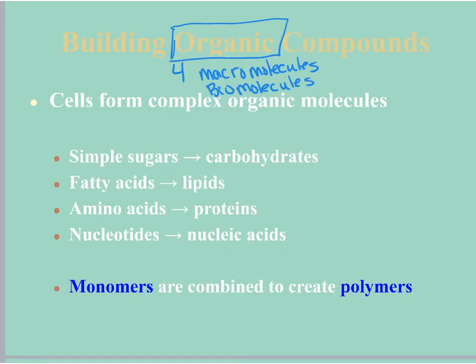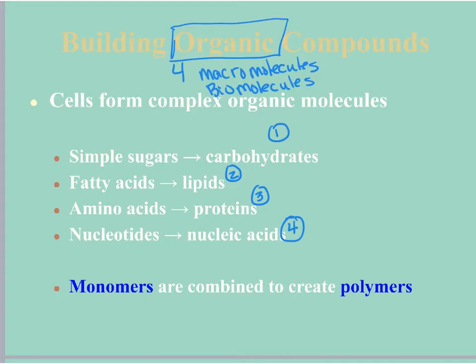So for the 4 main types, we've got carbohydrates, lipids, proteins, and nucleic acids. Those are the 4 major macromolecules that cells are going to build and break down.